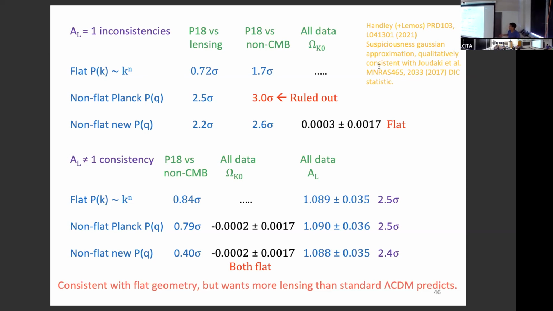And so this tells you that they are consistent, and the difference is about 3/4 of a sigma in this model. If you look at it in these non-flat models, they're about 2 or 2.5 sigma away. So the lensing constraints are roughly 2 sigma away from the TT plus TE plus EE plus low E constraints.